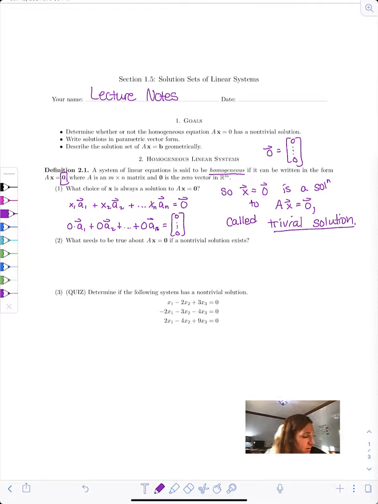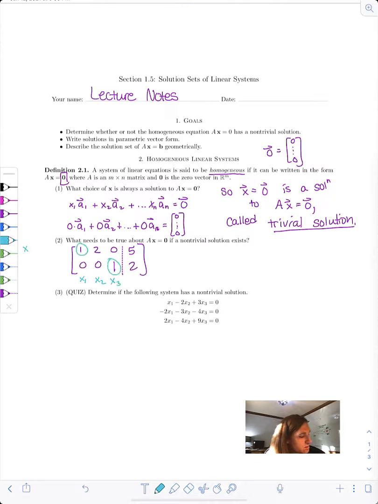Let's make this interesting. Let's say we have an augmented matrix that looks like this. I made this up. We have variables x1, x2, and x3, and here are our pivots.